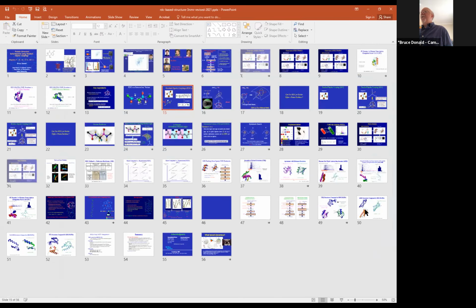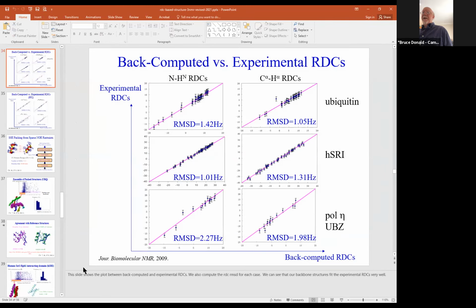So that means that when we have our data, we can then look at this data to show the correlation between the back computed and experimental RDCs, right? And these should have a good correlation if things work. And then we compute, confusingly, an RMSD between these values, not structural RMSD. It's in units of hertz because it's measuring how close your data was.